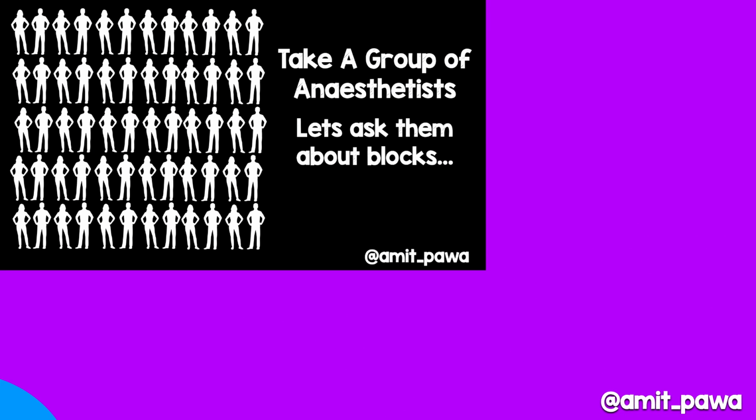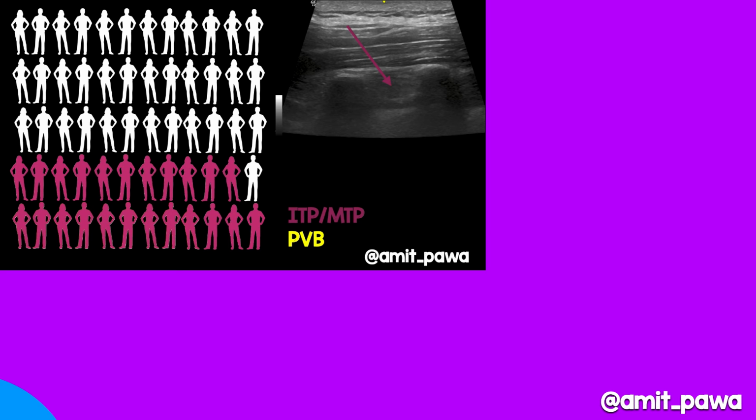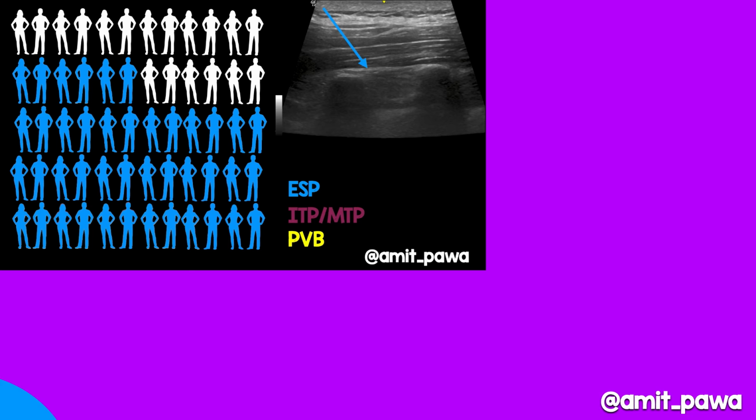So I want you to imagine now, you take a group of anaesthetists and you ask them about blocks, and you say to them, look, how many of you would be happy to perform a paravertebral block? And if you ask people, maybe not so many will say they're happy to do it. You say how many would be happy to do an ITP block, maybe a few more. And then if you end up by saying, well, how many of you would be happy to come up here to the erector spinae plane, you'll find you've got a larger number of people that are prepared to do that.